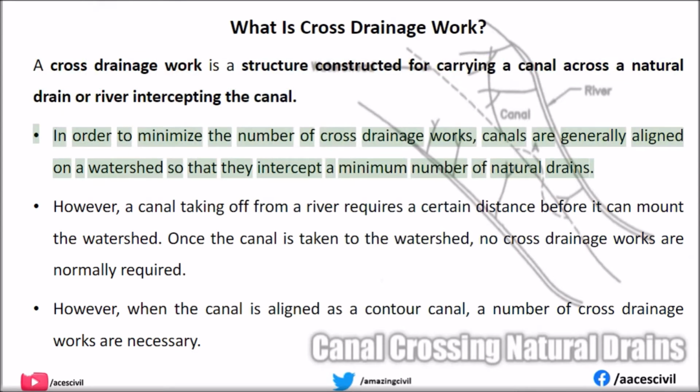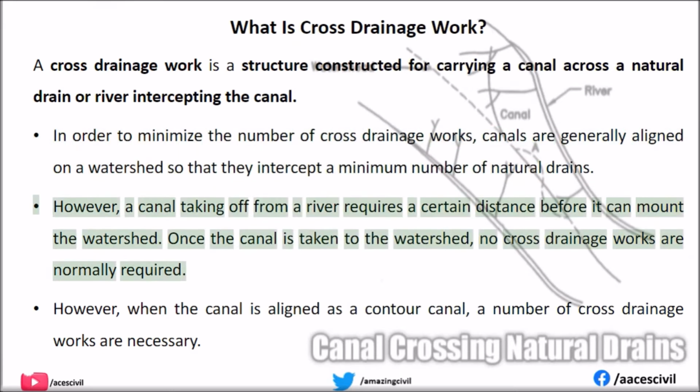In order to minimize the number of cross drainage works, canals are generally aligned on a watershed so that they intercept a minimum number of natural drains. However, a canal taking off from a river requires a certain distance before it can mount the watershed.